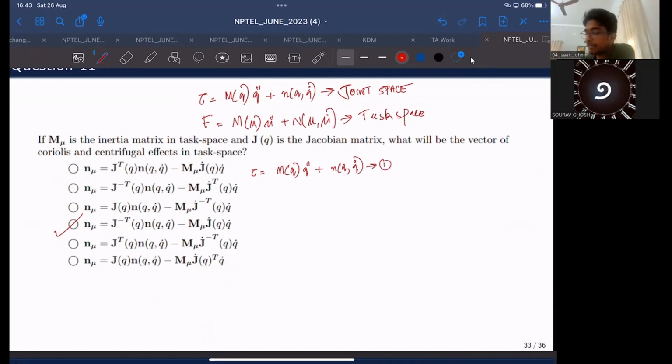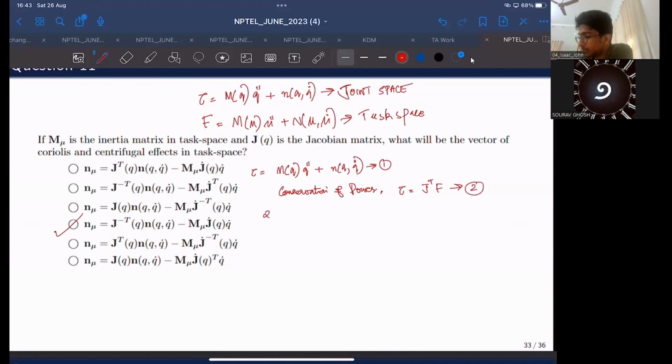And in the previous session, from the principle of conservation of power, we know the relation between the joint space torque vector and the task space force vector, that was found to be tau equals J transpose F. We have derived this in the previous session, that is equation 2.